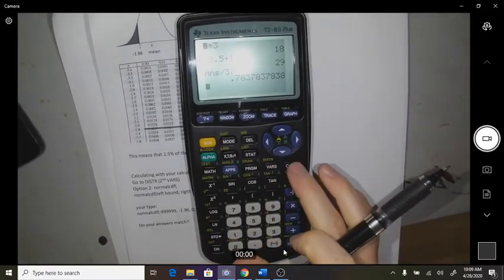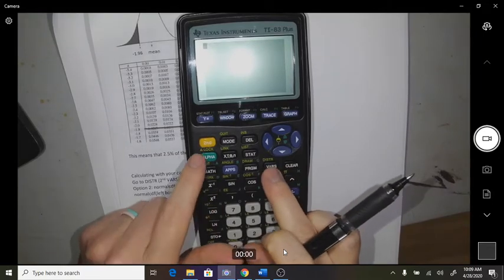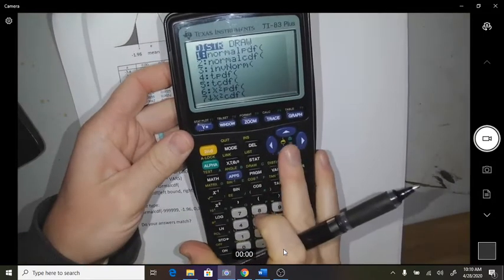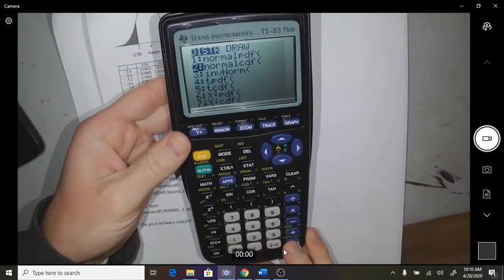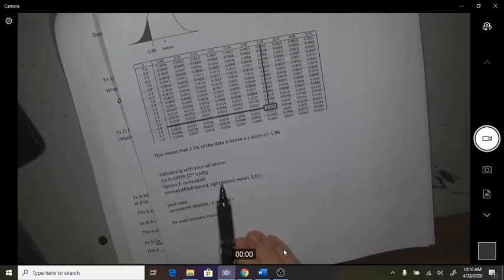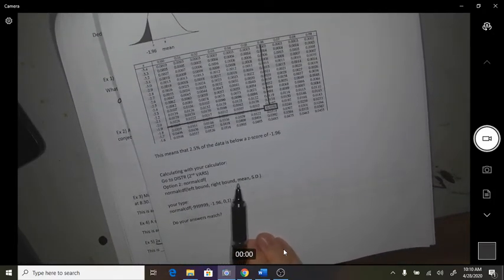Okay, method two is in your distribution function. So you're going to push second function, bars, distribution, and down to number 2, normal CDF. And when you type it, you always say what's the furthest left to the furthest right, comma, and then the mean and the comma, the standard deviation.